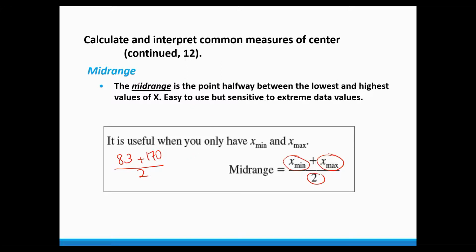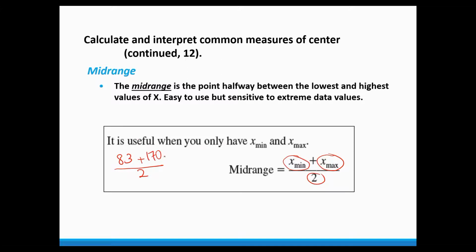The problem with the mid-range is that it's very sensitive to extreme values. How is that? In the graph, we saw that 170 is an outlier. It appeared really far away from the concentration of all the values.